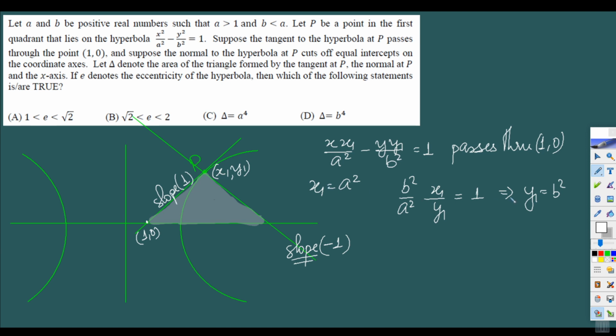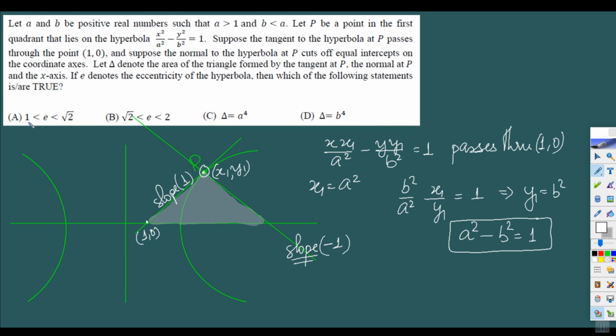More so, the point (x1, y1) has to lie on the hyperbola, so it should satisfy the equation. Putting x1 as a square, a raised to 4 upon a square, that is a square, minus b raised to 4 upon b square, that is b square, should be equal to 1. This is the condition that you will use.